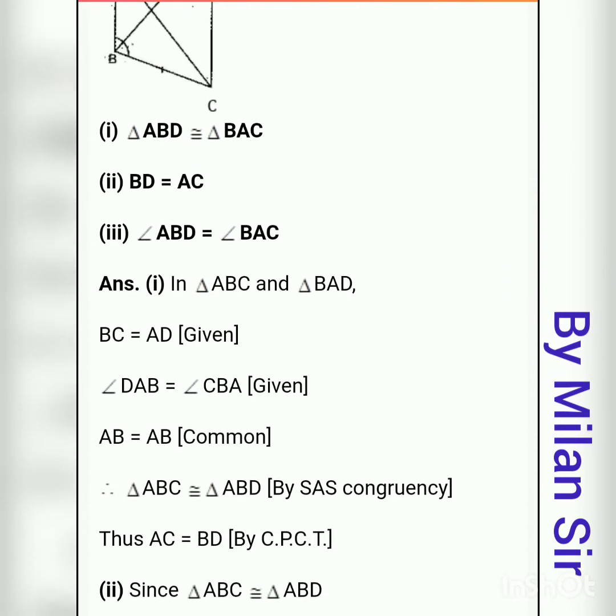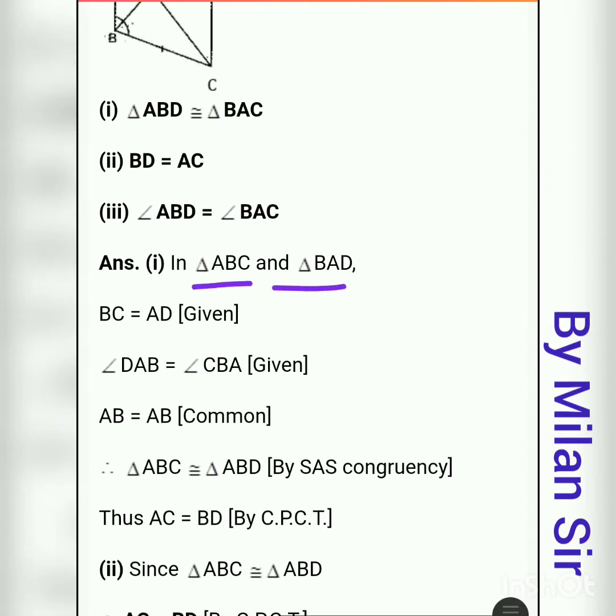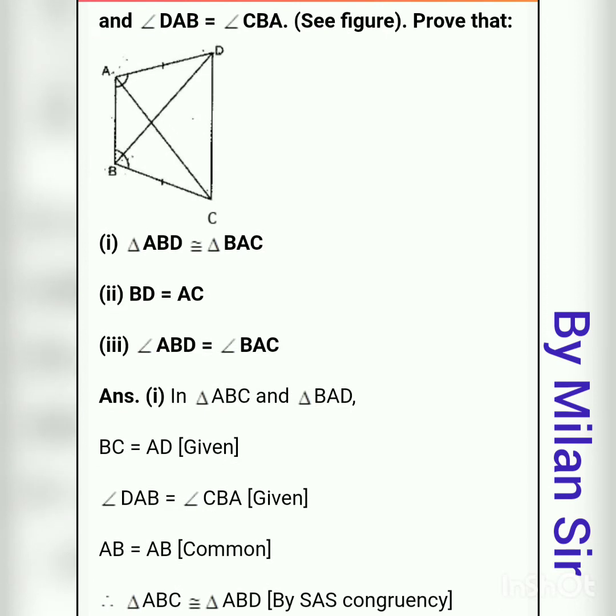Write down this triangle ABC. First of all, in triangle ABC and in triangle BAD, whatever two triangles we need to prove, just consider them here. In triangle ABC and in triangle ABD, first of all, it is given in the equation BC is equal to AD, right?